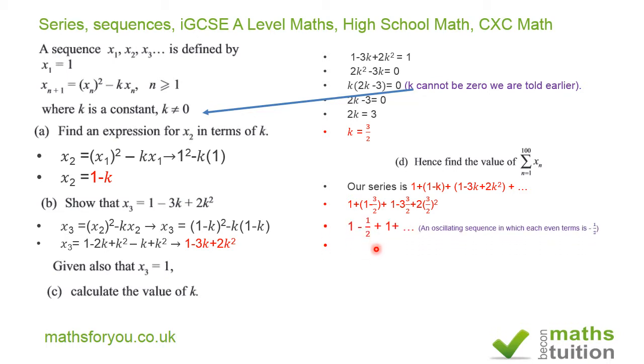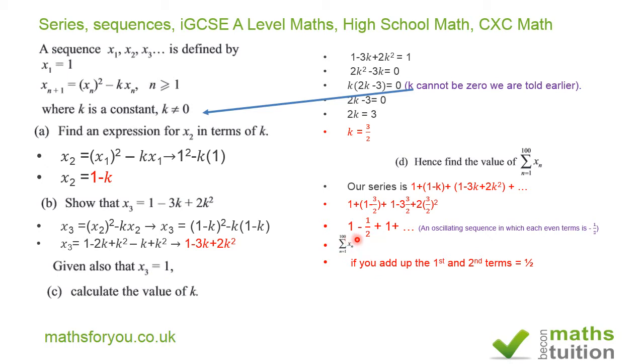And when we simplify, we end up with 1 minus a half plus 1 plus and so on. So it is an oscillating sequence. In this sequence, all the even terms are minus a half and the odd terms are 1.